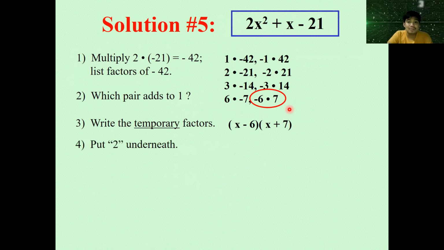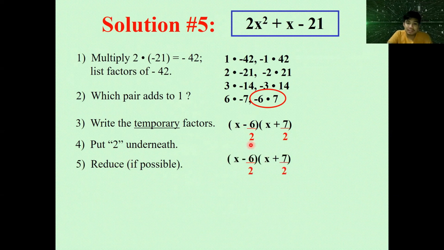We are going to put number 2 doon sa ating mga constants, 6 and 7. I-over natin yung 2 dyan. Over 2. And then, simplify yung mga pwedeng simplify. And then, so, reduce if possible. So, itong 6 over 2, pwede natin i-reduce. 6 over 2 is equal to 3.